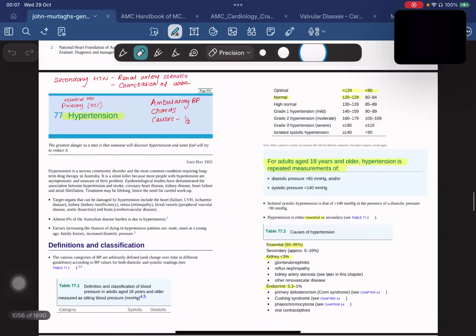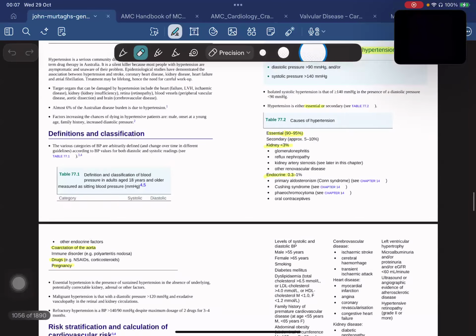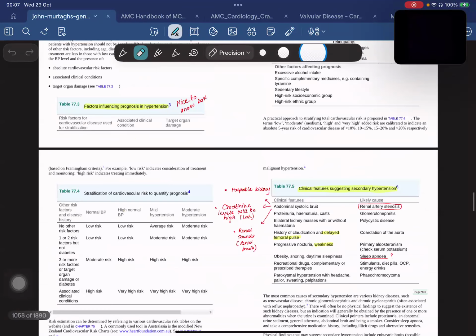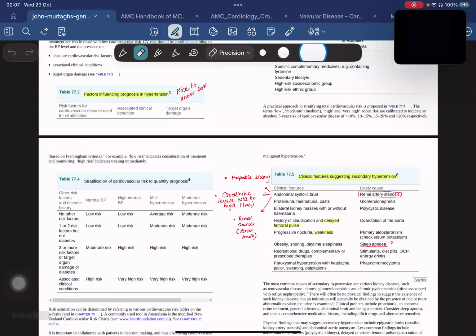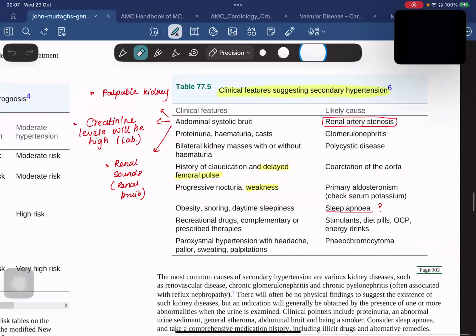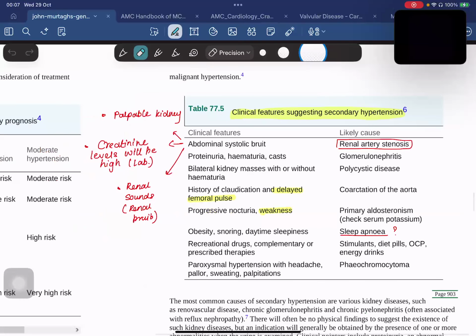You would just remember that 90% of the time it would be primary hypertension, but there are also secondary hypertensive conditions that have been asked in AMC. You would find it in this table, clinical features suggesting secondary hypertension. So it's always associated with a clinical feature that's not normal. That way you can remember the likely diagnosis.